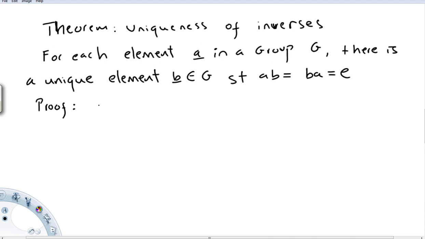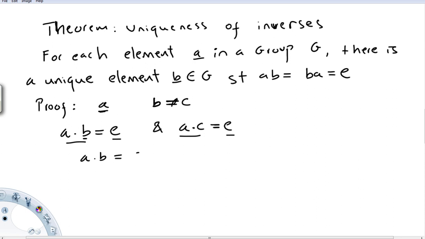For an element A, suppose we have B and C, two different inverses of A. So A times B equals E, since B is the inverse, and A times C equals E, too, since C is another inverse. So AB equals AC, right?